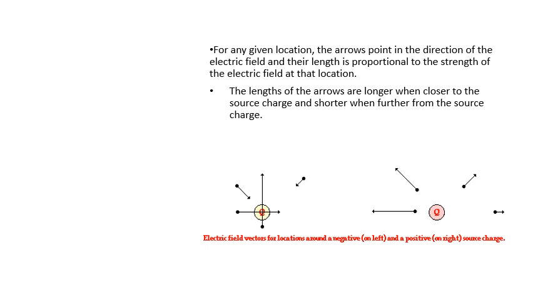On the right hand side we have taken a positive charge. That is why all the arrows are in the outward direction. You can see these arrows are pointing outward. Also note the length: longer length means more strength, smaller length means less strength.